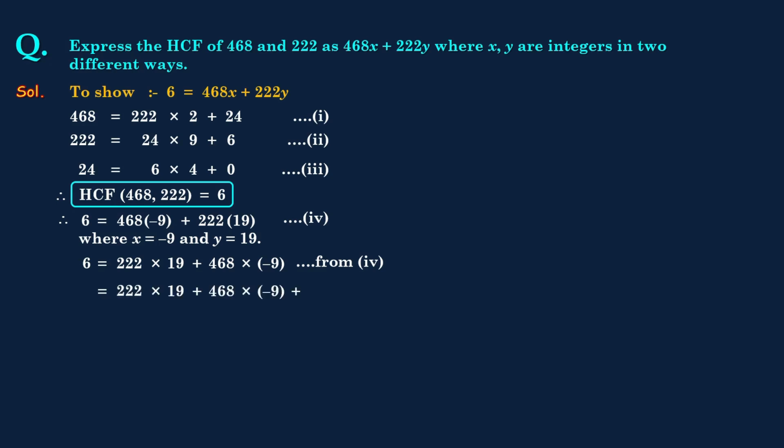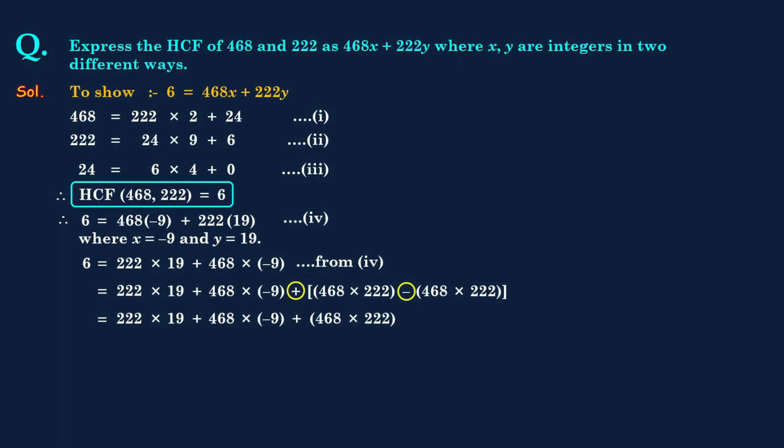Now we can also represent it as, if we add a 0 to it, 468 into 222 and if we subtract the same thing, then we will always get 0 over here, right? So 222 into 19 plus 468 into minus 9 plus 468 into 222, minus 468 into 222.